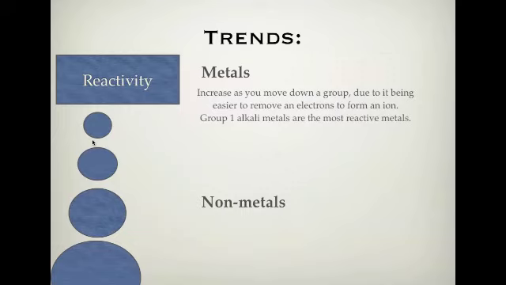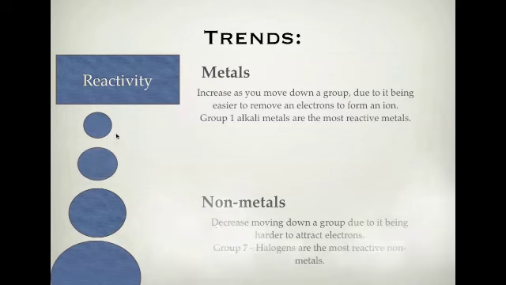Non-metals, however, are the opposite. Non-metals, remember, have a lot of electrons in the outside shell and they want to gain electrons to become stable. As you move down your periodic table, the reactivity of non-metals decreases due to it being harder to attract electrons in.